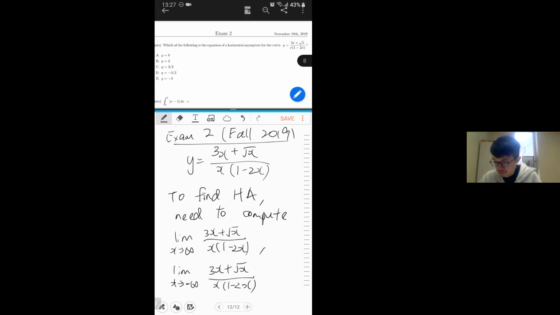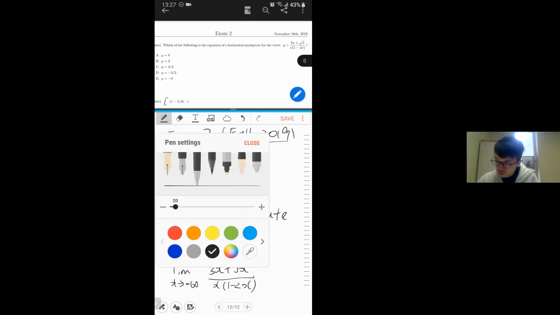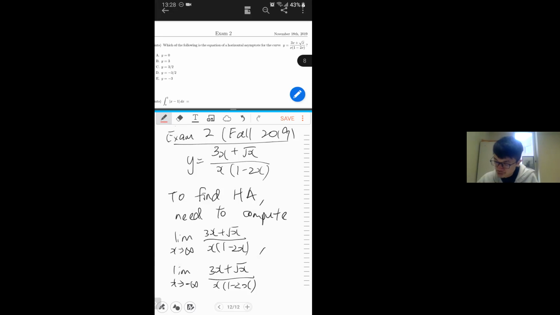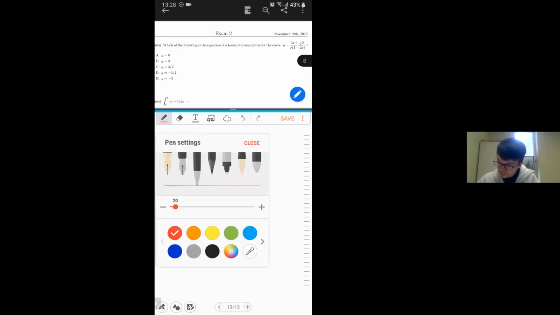But because negative x is not in the domain, I actually don't need this. Does it make sense? You have root x in your function, so x cannot be negative. So that means I only need to check the first one. So let's compute that.